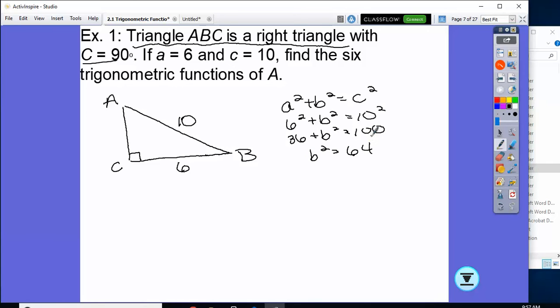Now the problems we were doing before, when we did the square root, we had to think about whether it was positive or negative because of our quadrant. If you're talking about a triangle, will you have a negative side length in a triangle? No. So my B is just a positive 8. So there is my triangle.